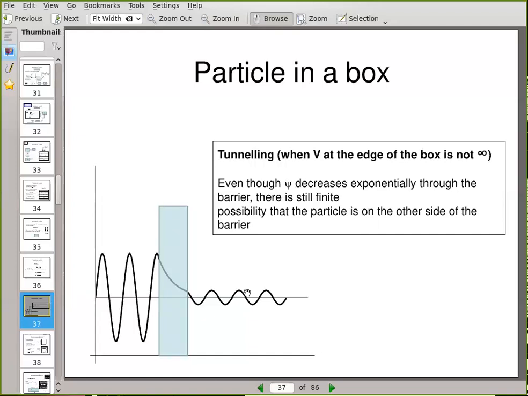But of course, because the barrier is only finite, there's a probability of finding something outside. So tunneling is, even though psi decreases exponentially through the barrier, there can still be a finite probability of finding your particle outside where you expect it to be. So tunneling is quite an interesting situation in chemistry.